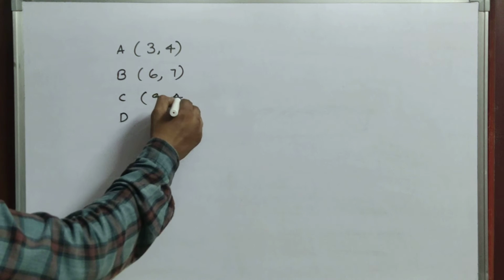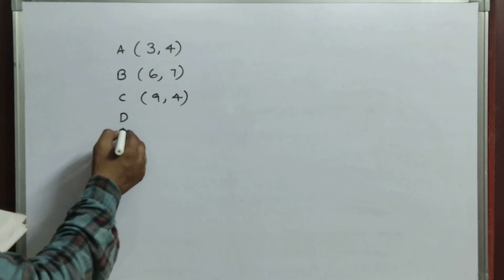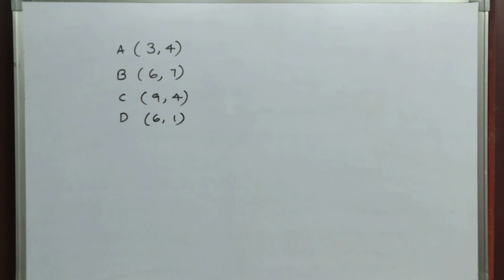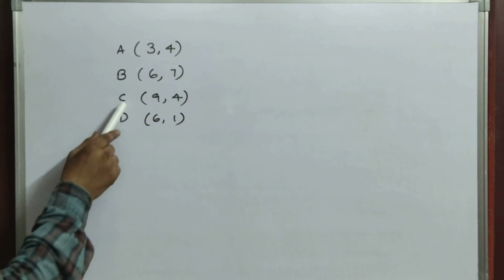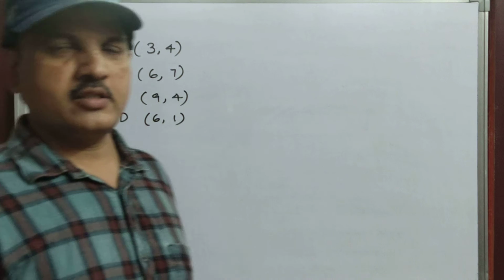So C is (9, 4). Next, coming to D, D means 6 and on the y-axis 1. So D is (6, 1). Now, according to the figure, you got the values of A, B, C and D. Now Champa and Chameli are discussing whether it is a square or not.